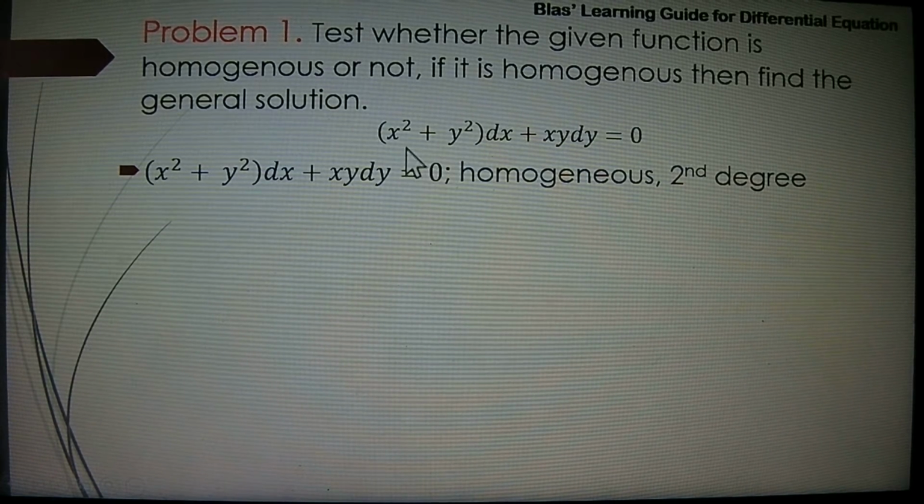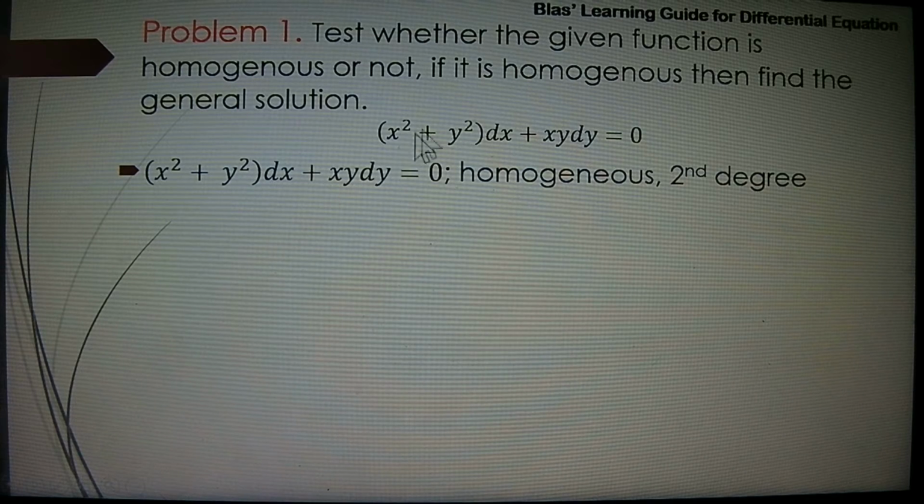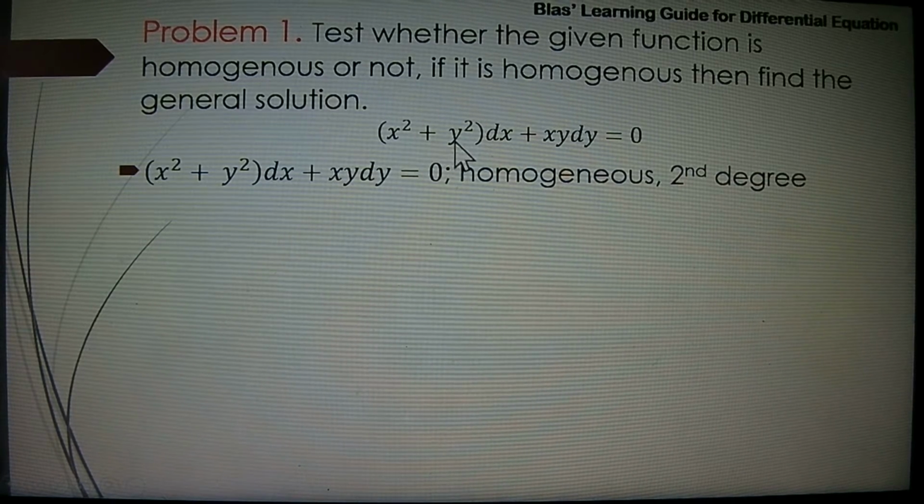As you will see, it has x squared, y squared, and xy, meaning it is homogeneous of the second degree, because if we substitute kx, ky, you will notice it becomes k squared, as well as in the x squared and y squared. So therefore, the given function is homogeneous of second degree.